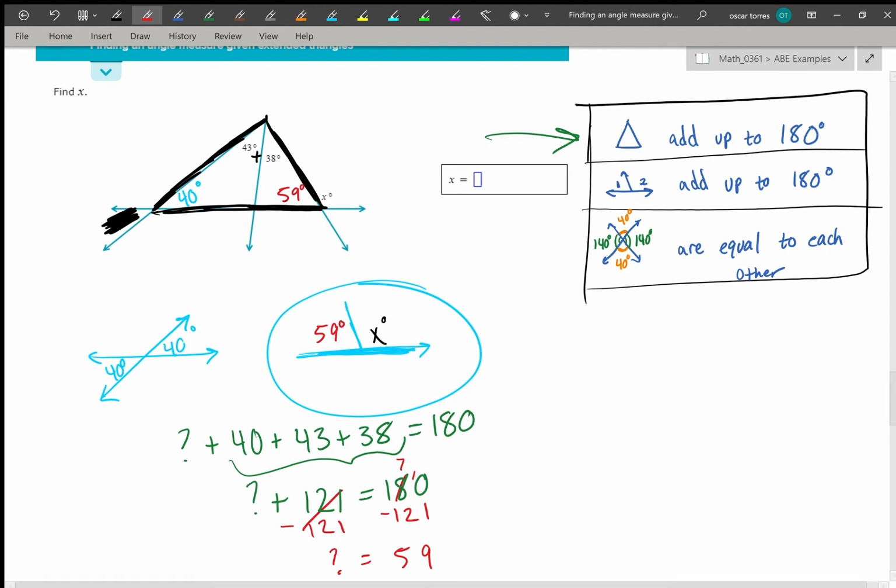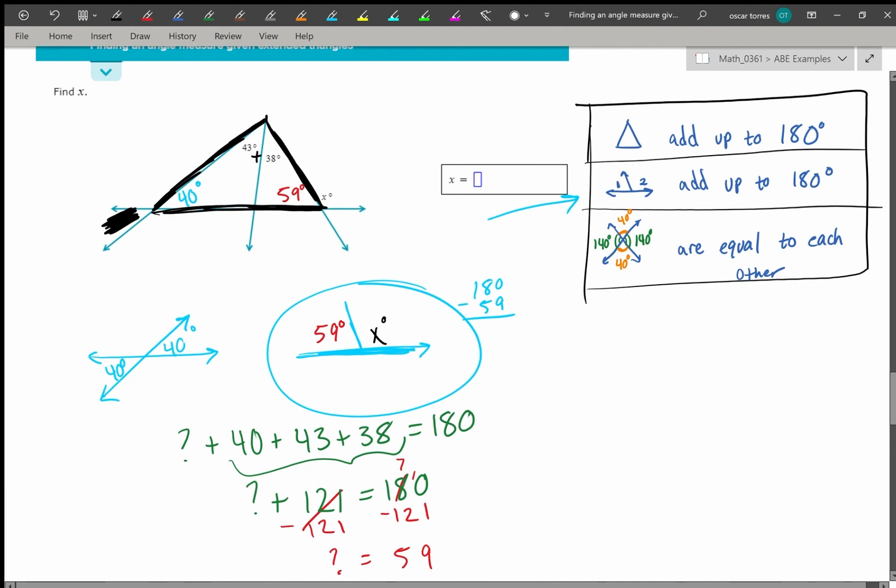Our goal for the problem is to solve for x. So now we need to go back to what I had originally circled. We have two angles that are next to each other, and we know that they add up to 180. Now that we know that this question mark is 59 degrees, we can take 180 and subtract it by 59. If I do that, we end up getting 121 degrees.